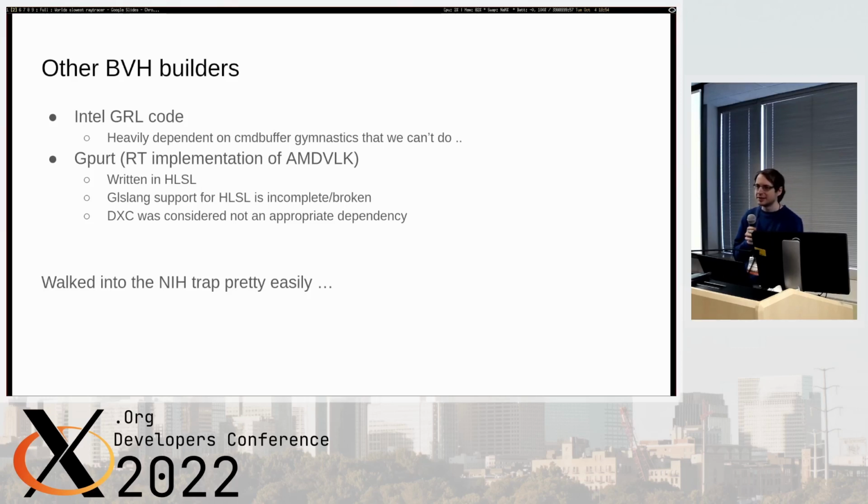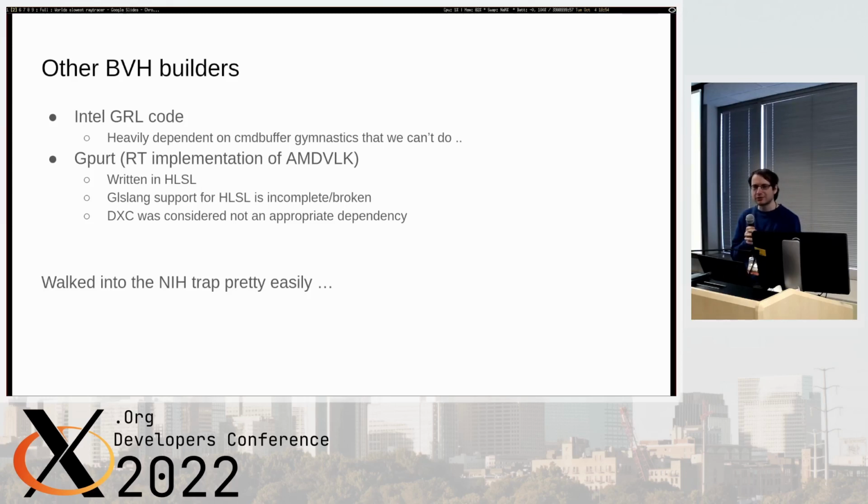It's very incomplete, and the recommended path these days is to use DXC. And then we went to a bunch of people and asked, hey, is DXC actually an appropriate dependency for Mesa? And the consensus seemed to be no. So that limits things. And then you have the consideration of we could try moving this to GLSL, but obviously, if you're going to rewrite this in another language, there's going to be bugs.